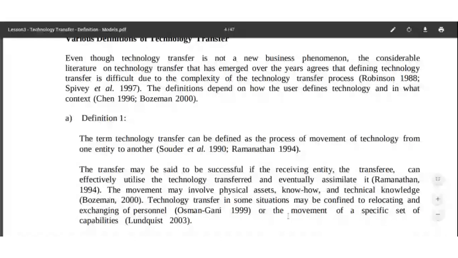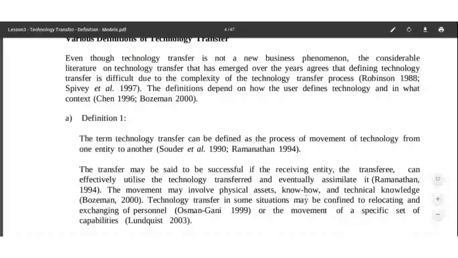is that technology transfer, again, we can say in a very restrictive sense, where technology is considered as information, technology transfer is sometimes defined as the application of information into use.